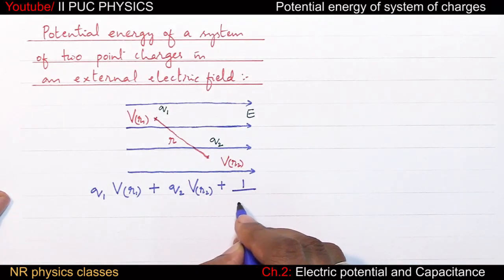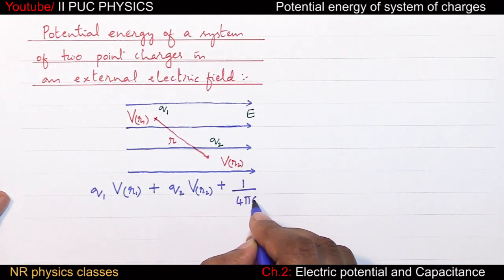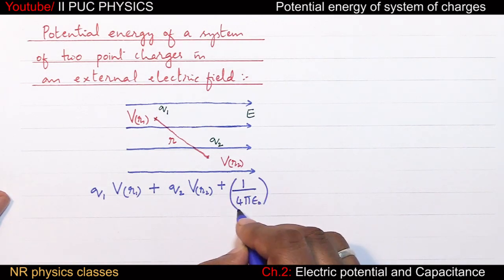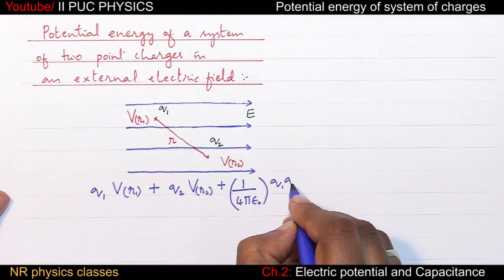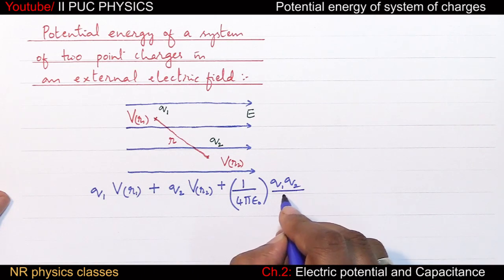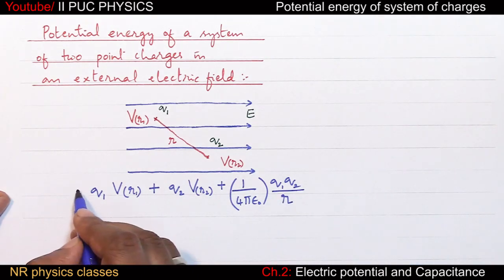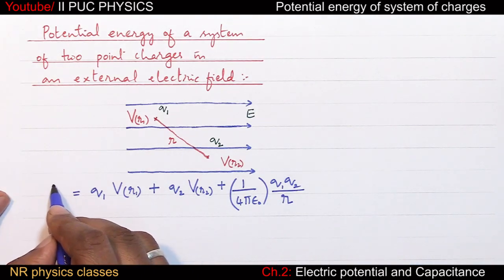So potential energy due to 2 point charges is Q1 Q2 by r, where r is the distance between the charges. This is the total potential energy.